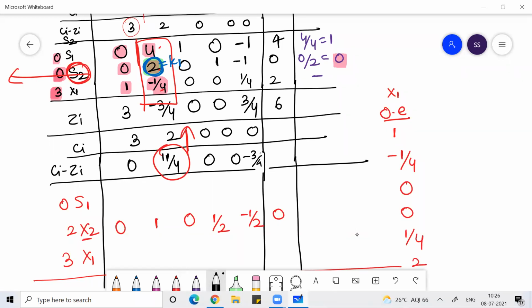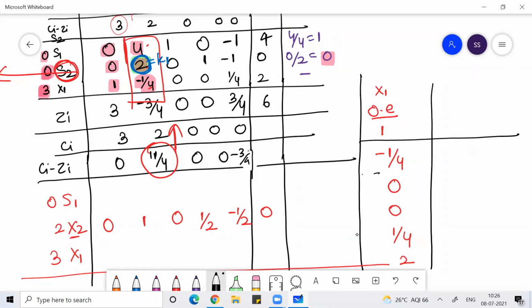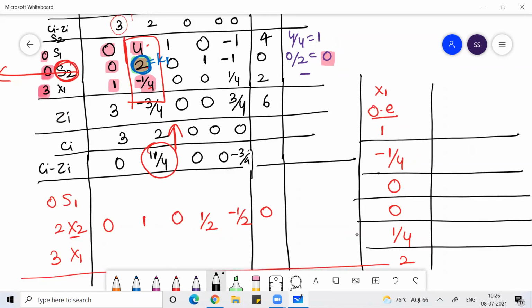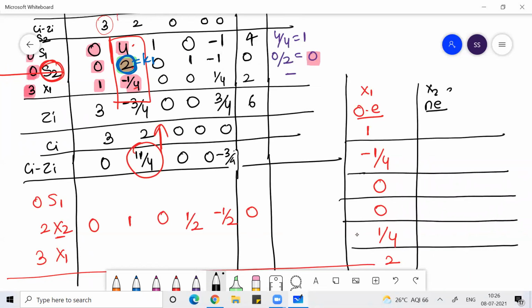This was the value of x1. Now the new element, which is your x2, has values 0, 1, 0, 1 by 2, minus 1 by 2, and 0.